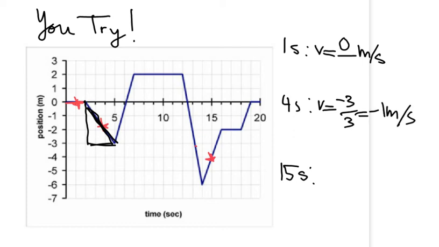Okay, and finally at 15 seconds, it looks like I'm going to pick these 2 points. Those are the easiest ones on this line. The rise goes from negative 6 up to 2, so it looks like the rise is equal to 4. The run is equal to 2, and 4 divided by 2 is 2 meters per second.